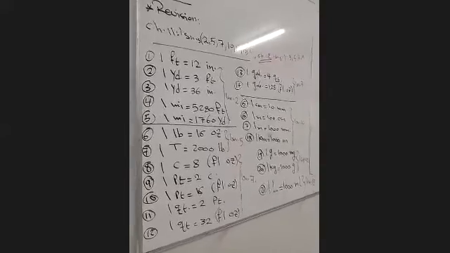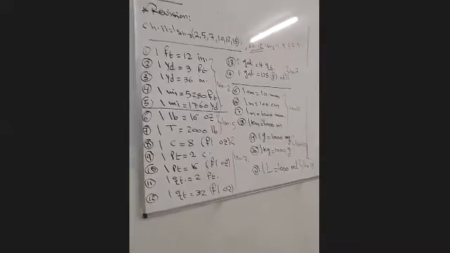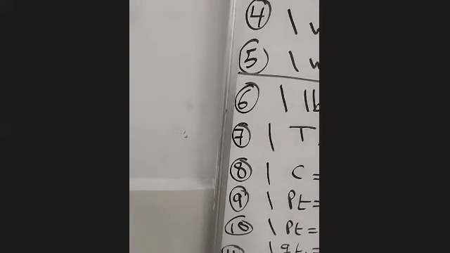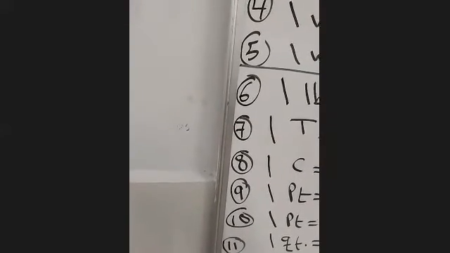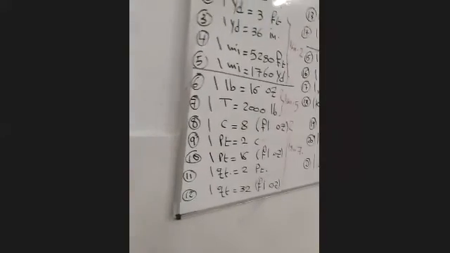Page 947, question 6. Classify. What's this? How many sides we have? 4 sides, right?